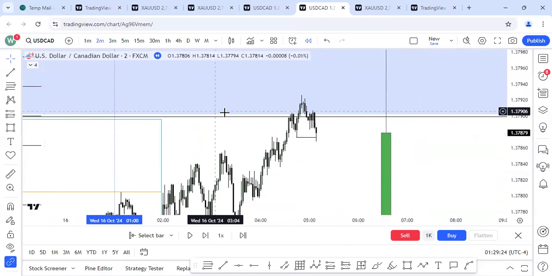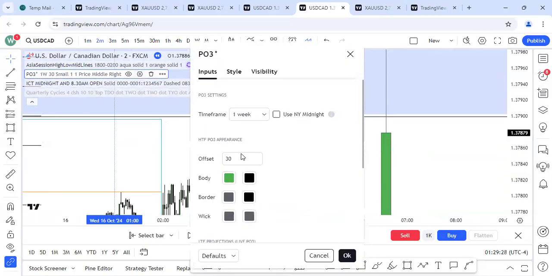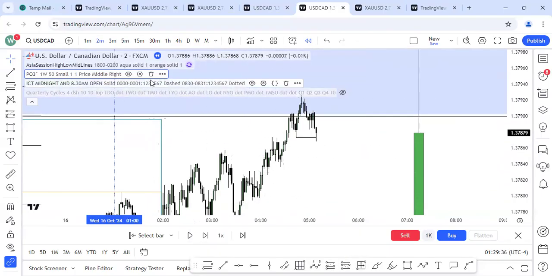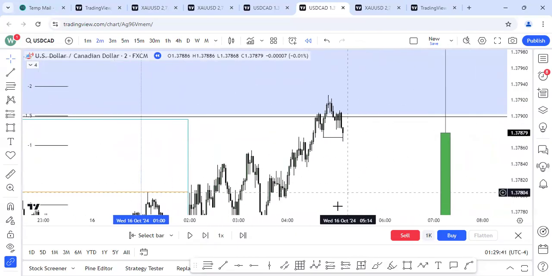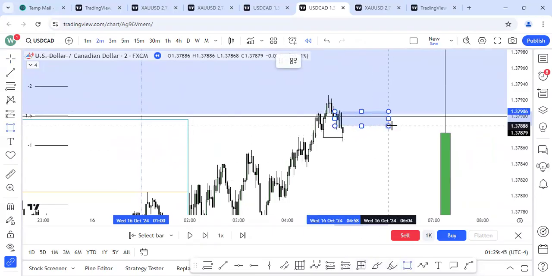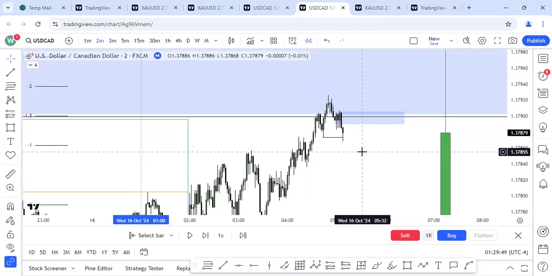So where did I place my entry? But first of all, let's change this, put it a little bit away, give more space. Okay, this is where I put my entry on this order block.